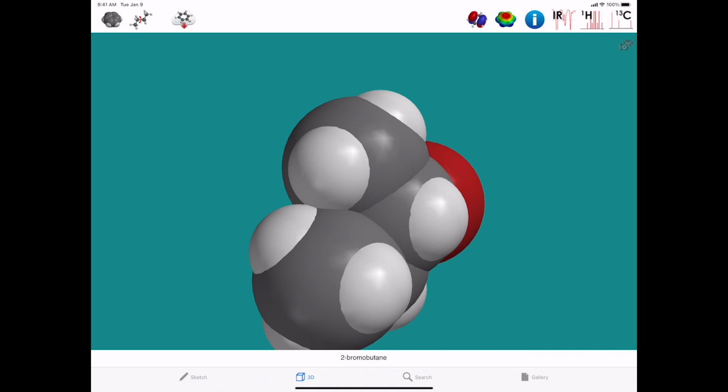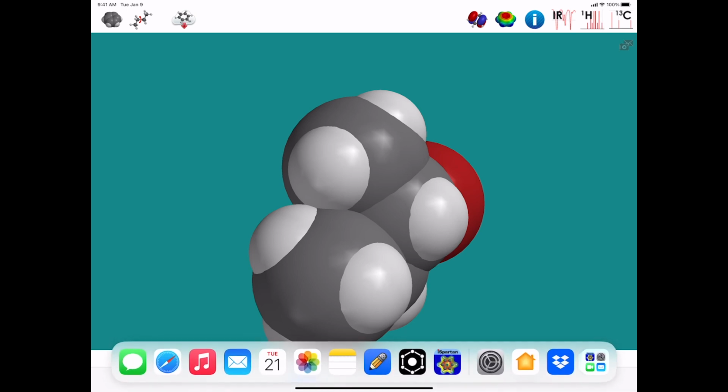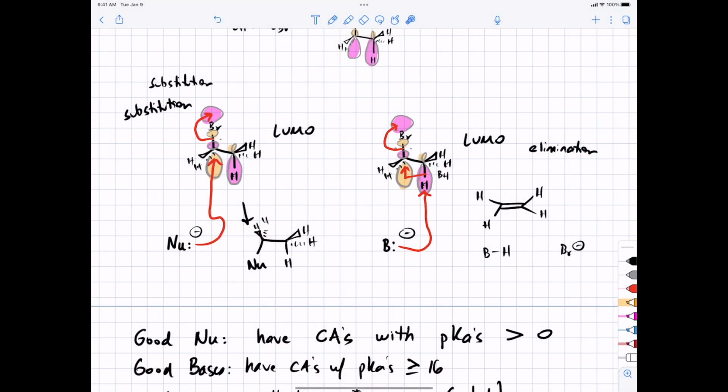The beta proton is more easily accessible than the sigma star on the carbon. So you might predict that you could bias this reaction towards attacking the beta proton if you used a base that was really bulky or large, such that it really couldn't get in there to where the sigma star is on the carbon.